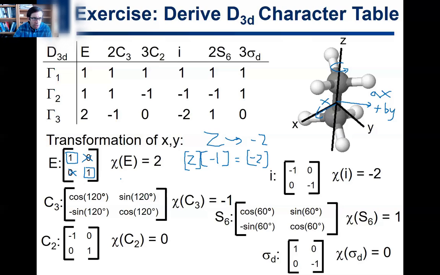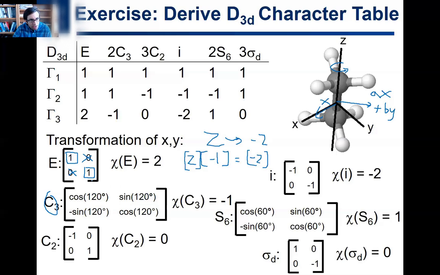So for identity, we could break it up because X just goes to X. It just goes into itself, and Y just goes into Y. But for C3, X and Y go into combinations of each other, and you have non-zero elements on the diagonals, okay? And so this is where you need to remember a little bit of trigonometry, because what we're going to be doing is taking the trace of these matrices to figure out the character.